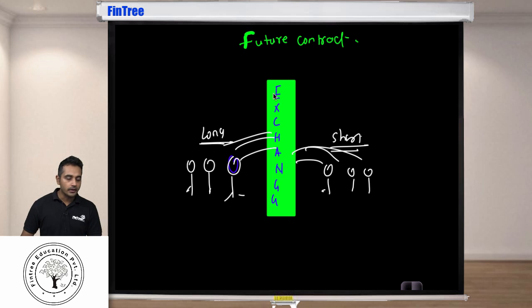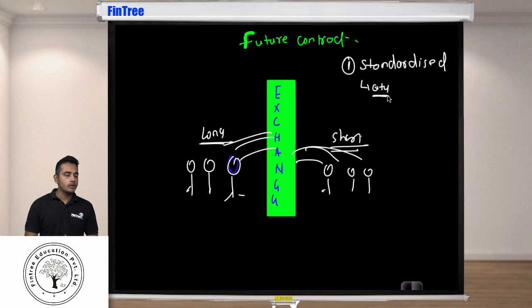So some of the important differences between forward and futures. Number one, futures contracts are standardized. So when we say standardized, they're standardized in terms of quantity, which we typically refer to as lot size, right? So you cannot put any random number. Your quantity would be a function of the lot size that is defined by the exchange, correct? Another benefit of this is it gives you fungibility.